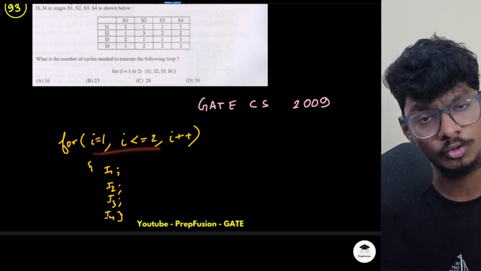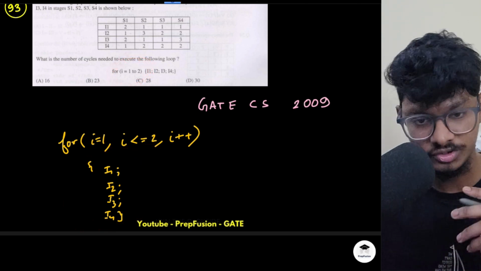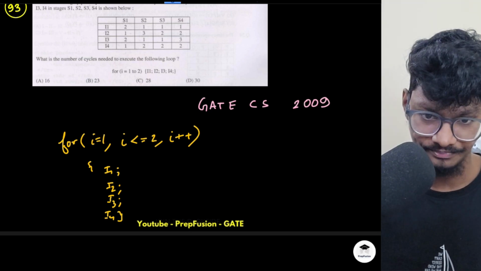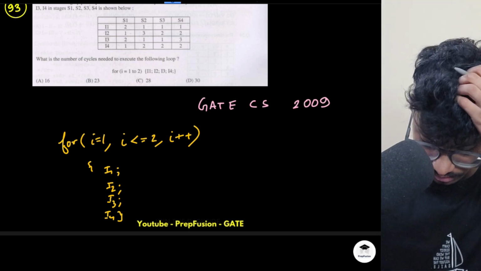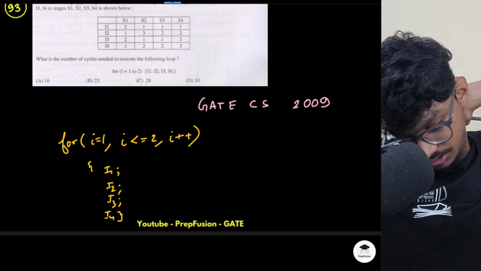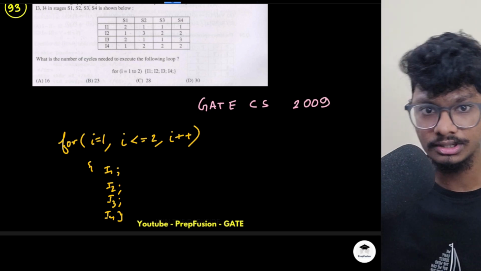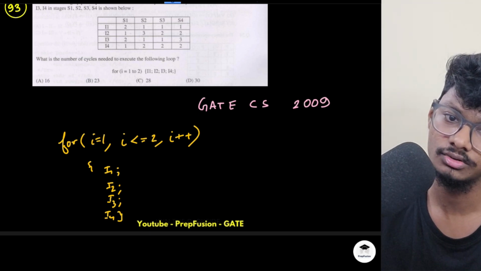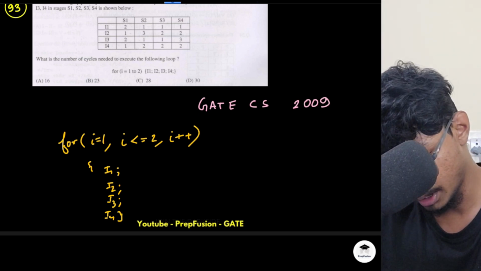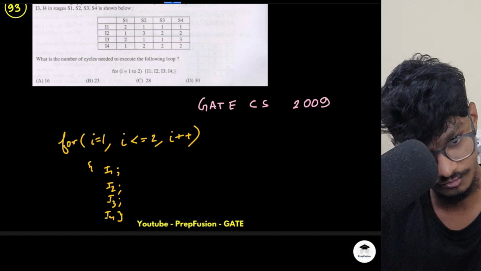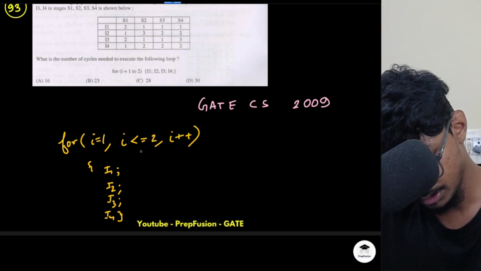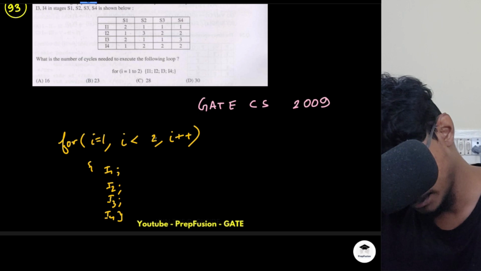So how many times is the loop running? Here I observe the loop is only running once, because I am starting from I equals to 1 and then I reach the second stage. Okay, this should not actually be less than equals to, this should be less than 2.